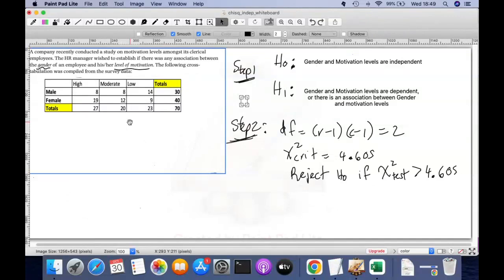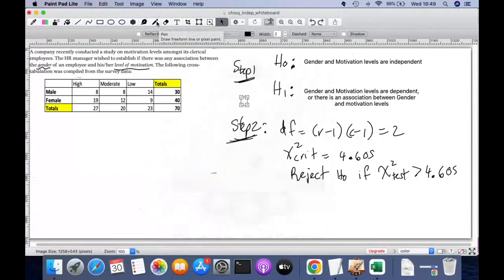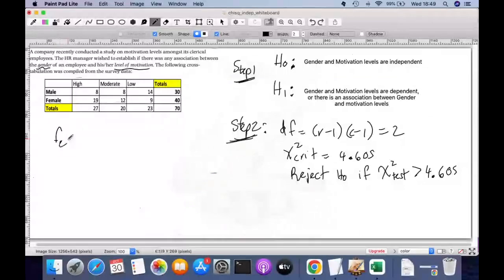And the expected values are given by using this formula. Now, you do need to memorize this formula because unfortunately it isn't given to you in your formula sheet. So you may want to write this down somewhere or make a note of it. To get the expected frequencies, and I'm going to use FE, F subscript E, as expected frequencies because the formula uses that notation.